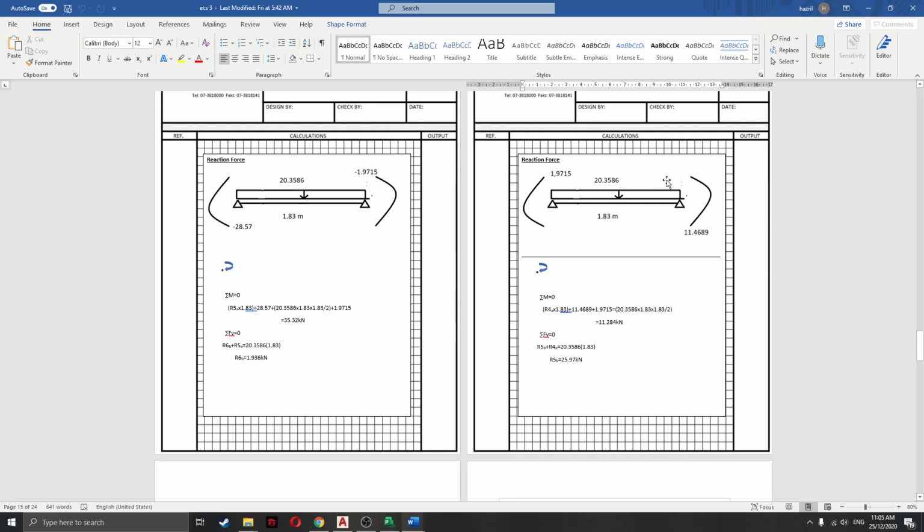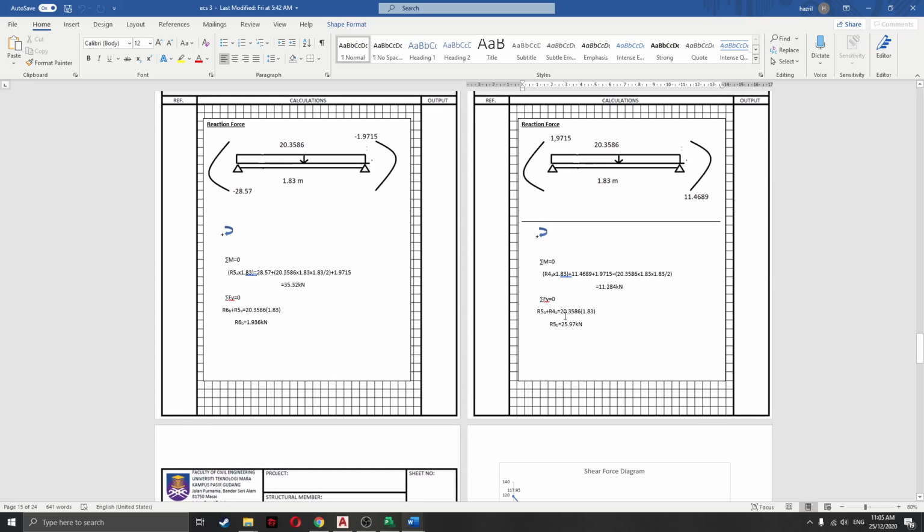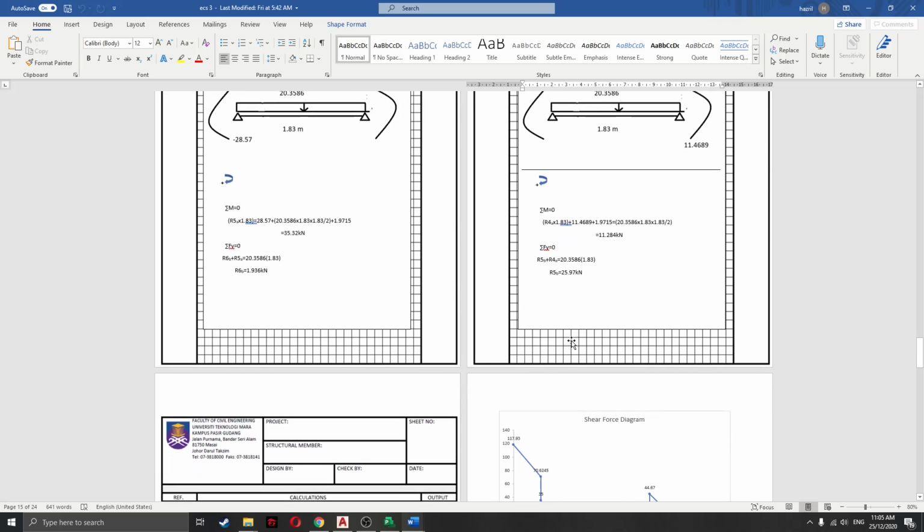For span 5 to 4, R4A I get 11.284, and then R5B I get 25.97 kilonewton.